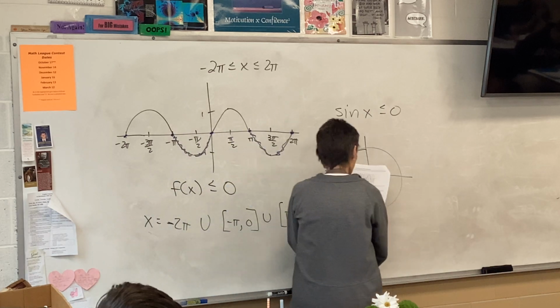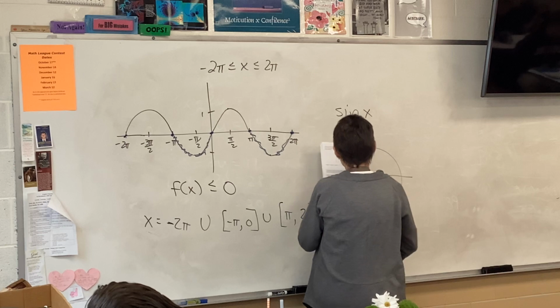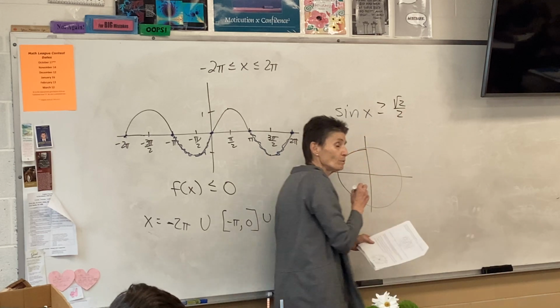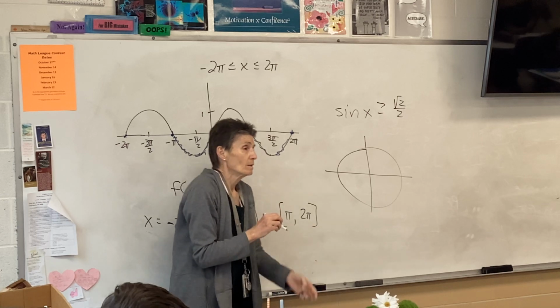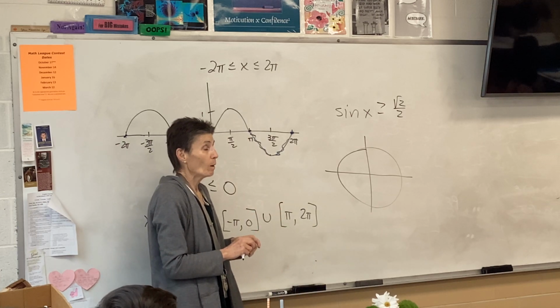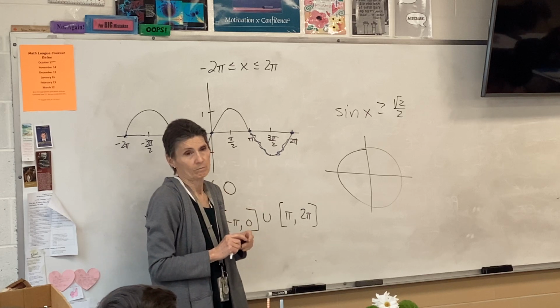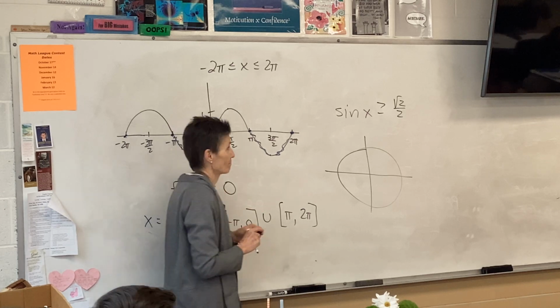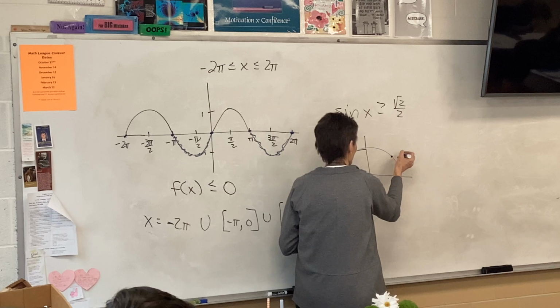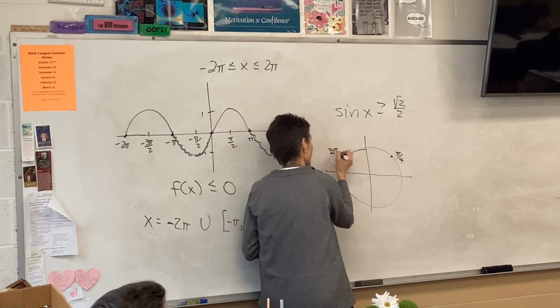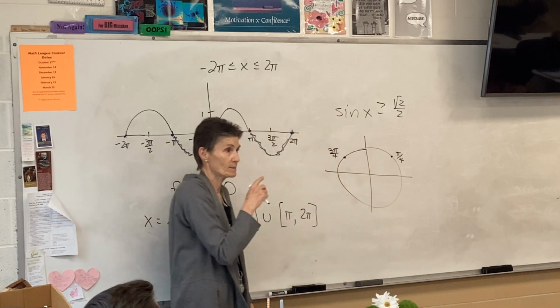It says, where is the sine greater than or equal to root 2 over 2? Well, where does the sine equal root 2 over 2? At pi over 4 and 3 pi over 4, at least in the first revolution, 0 to 2 pi.